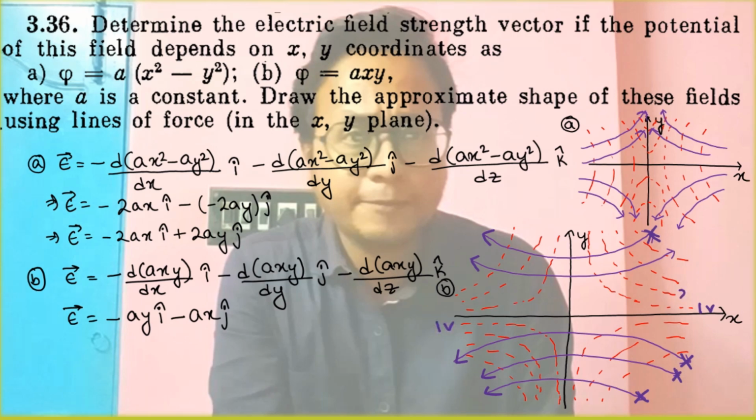Then 2 volt line, 2 volt line, 3 volt, 3 volt, 4 volt, and so on. Out here, minus 1 volt, minus 1 volt, minus 2 volt, minus 2 volt, minus 3 volt, minus 3 volt, isn't it? And the field always goes from higher potential to lower potential, so the direction of the arrow should be reversed. Part A I have done correctly. Understood? So that's it.